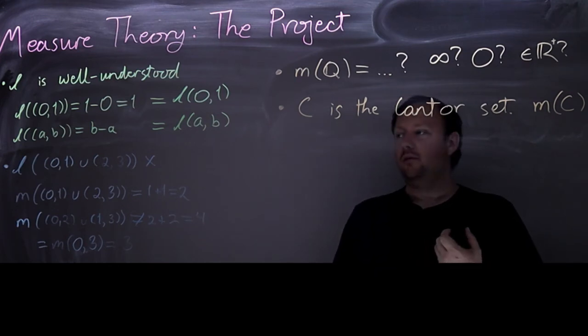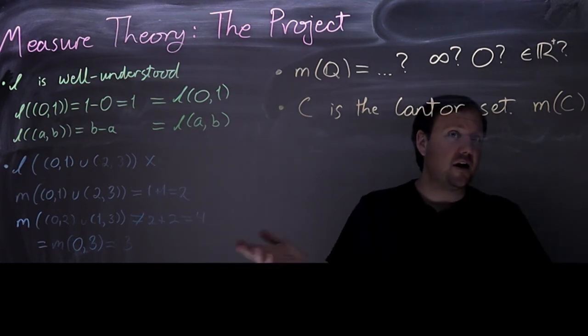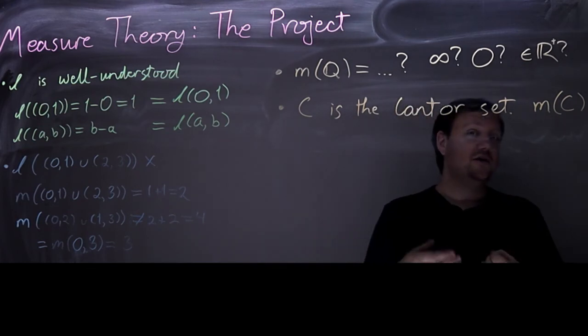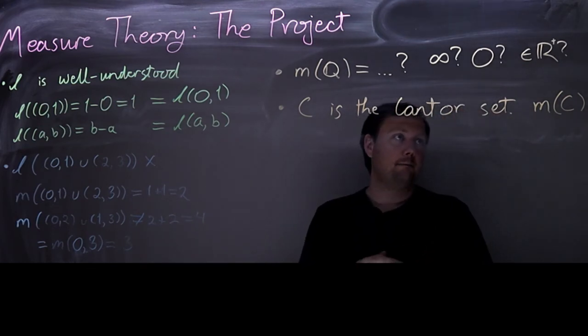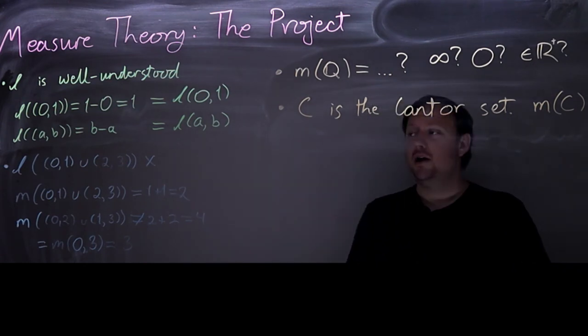And so if it's uncountably infinite, maybe you think it should have some finite positive real measure, or maybe because it has no intervals, you think that it must have measure 0, perhaps.